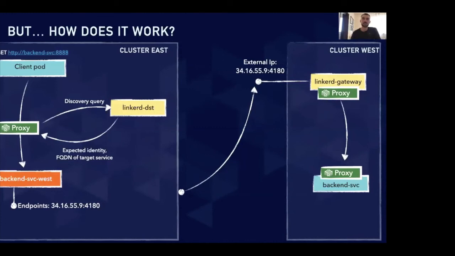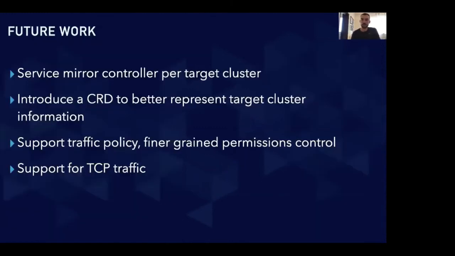And some of the future work that we're planning to do on this feature is that we've realized that the service mirror controller, because it can monitor multiple clusters, can get a bit complicated. So we decided to split this controller and have one controller per target cluster.